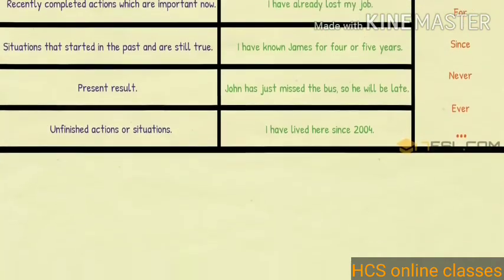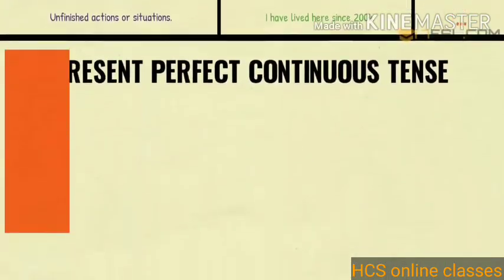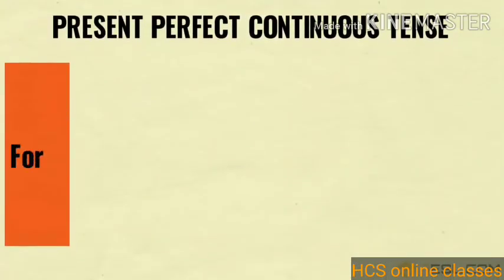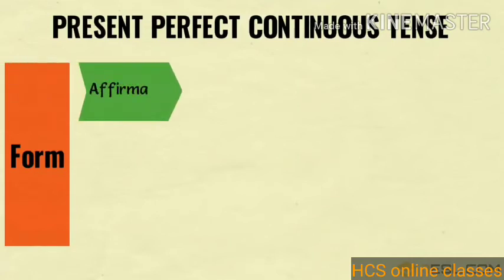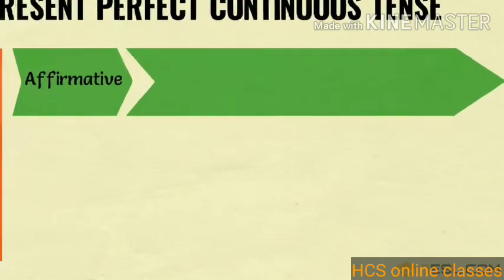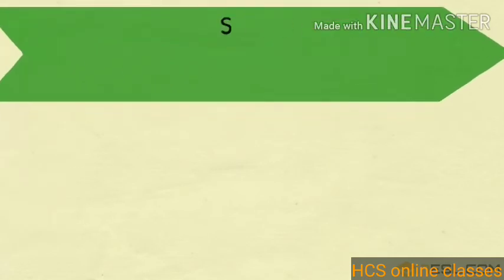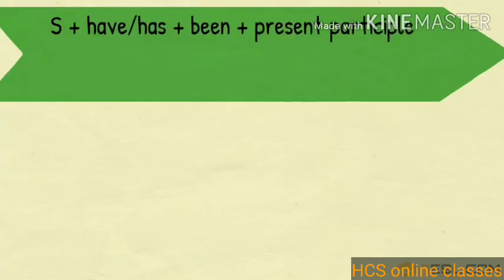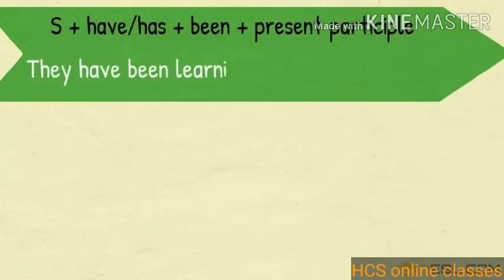Now we will do present perfect continuous tense. The form for affirmative sentences: subject plus have or has plus been plus present participle. Example, they have been learning English for 2 years.